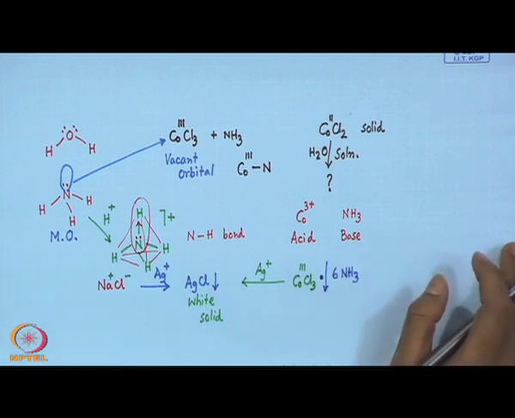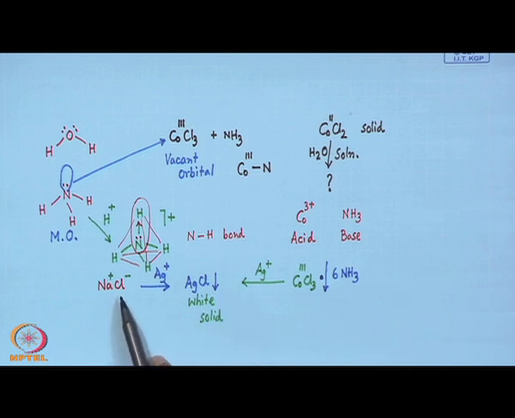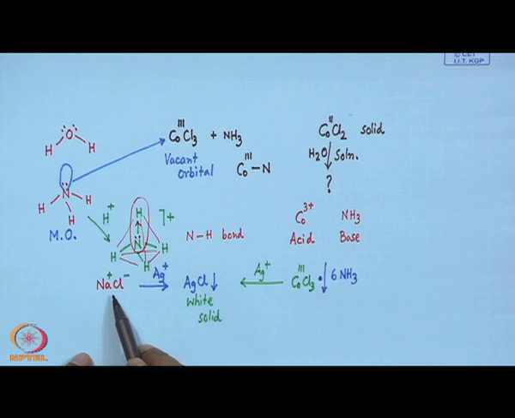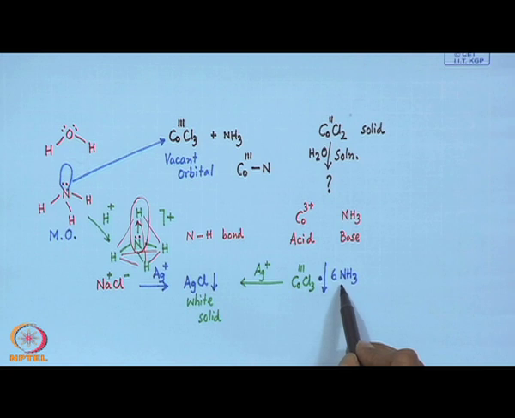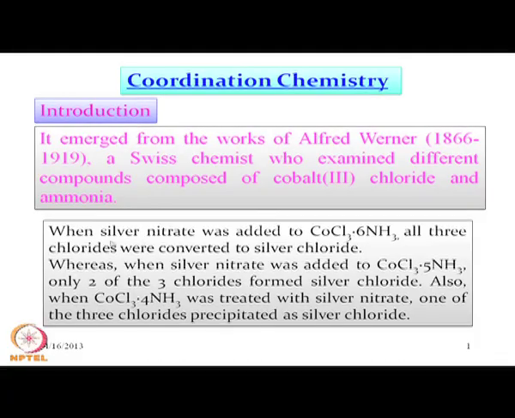So, now the puzzle has come: how are these cobalt chloride bonds there, whether it is similar to that of our chloride ion or if it is something forming over there? What we see is that if we already have the cobalt chloride bond present in it, that means it is not like sodium chloride, some amount of covalent character is there, or we have the cobalt nitrogen bond. So, that can be tested, how the same silver nitrate solution can be used.